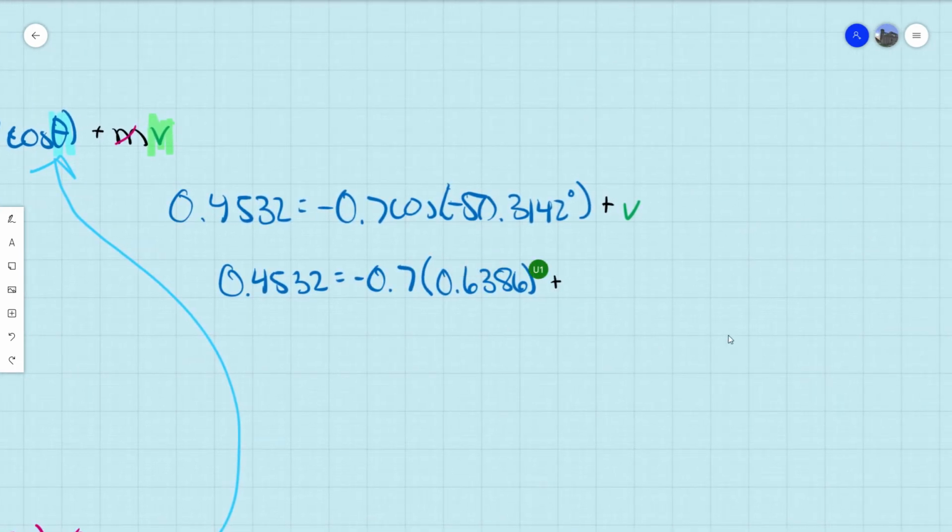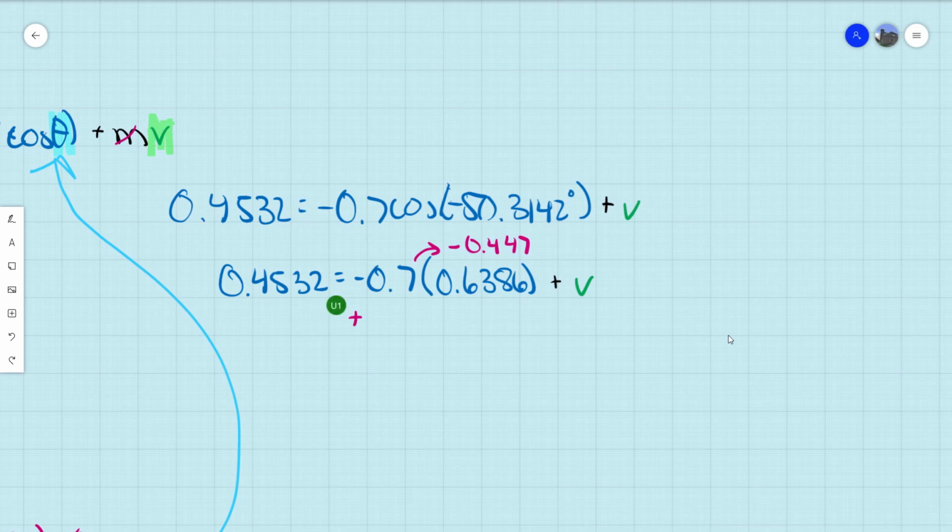So now subtract negative 0.7 times that from both sides. I'm just going to multiply this by negative 0.7. Negative 0.447.